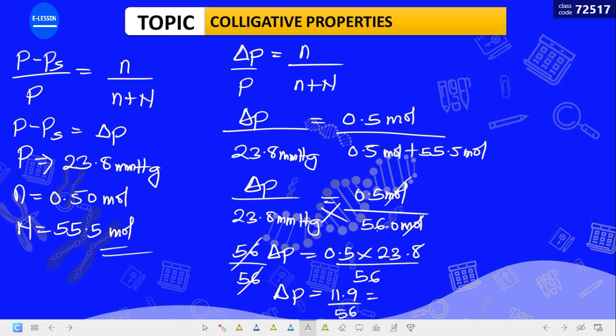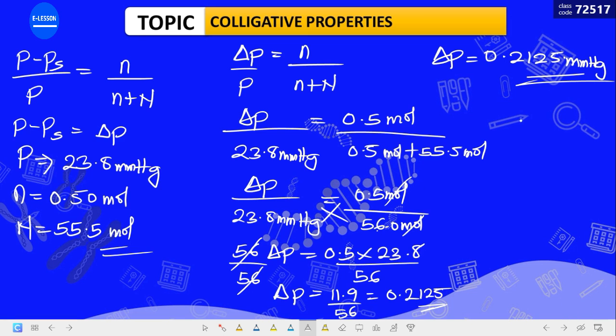Now, 11.9 divided by 56, what will it give to you? This will give us 0.2125. So it means that our change in P is equal to 0.2125 millimeter mercury, not moles. And that is the vapor pressure lowering for that particular solution, and that is the answer to that question.